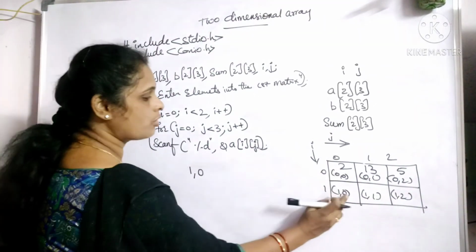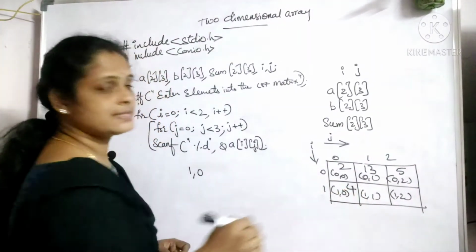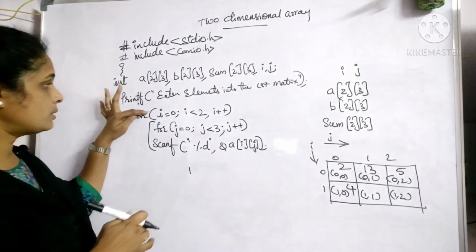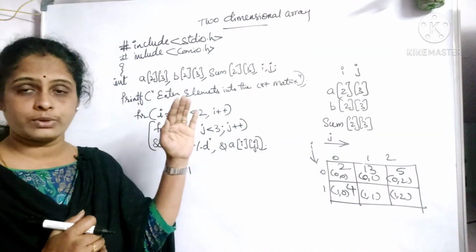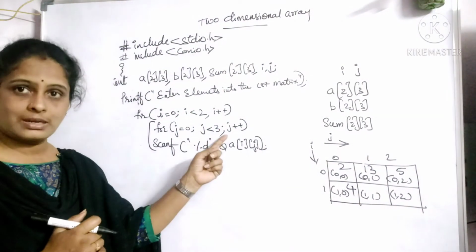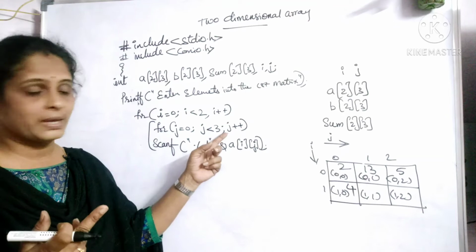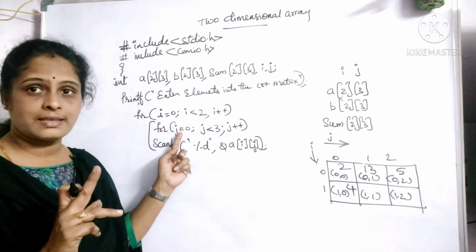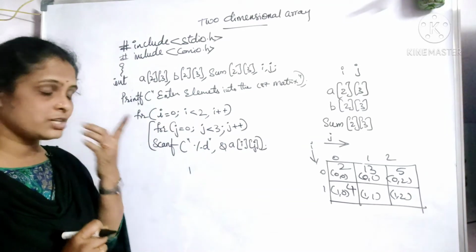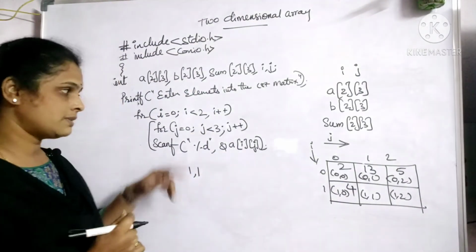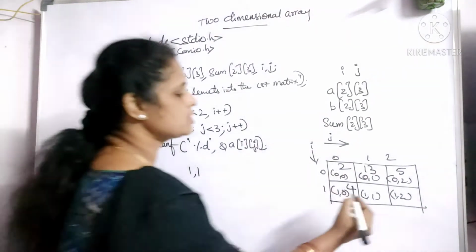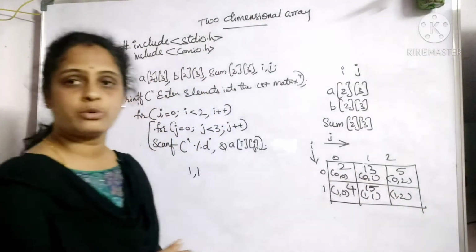Suppose the value is 4 here. Now the outer loop is still constant, that is 1. The inner loop takes an increment, J became 1 this time. Is 1 less than 3? Yes it is. So because the condition is satisfied, it will execute in this loop only. So 1 comma 1, into that position it will accept one more element.